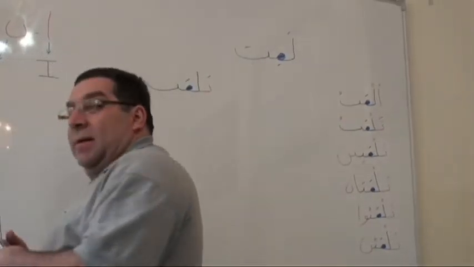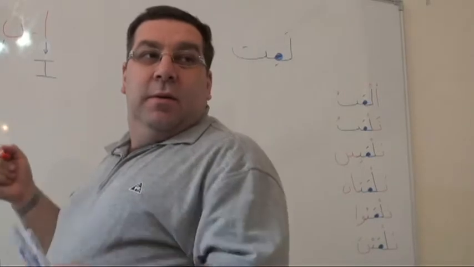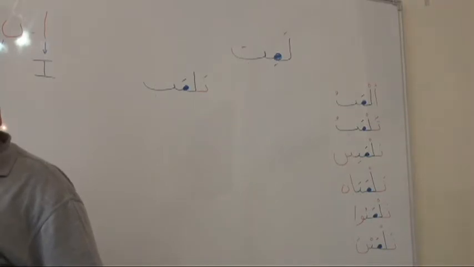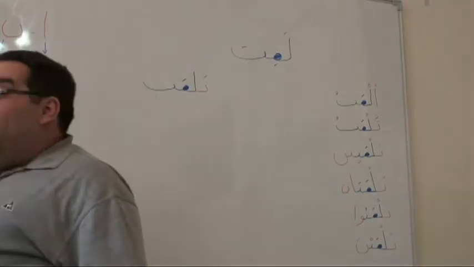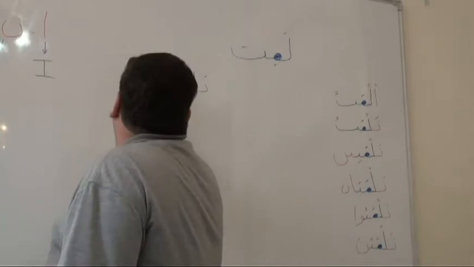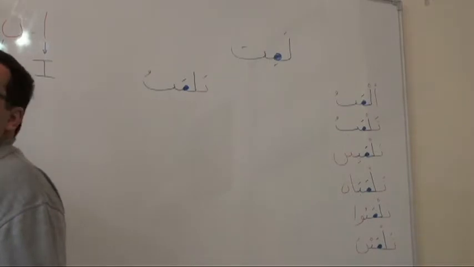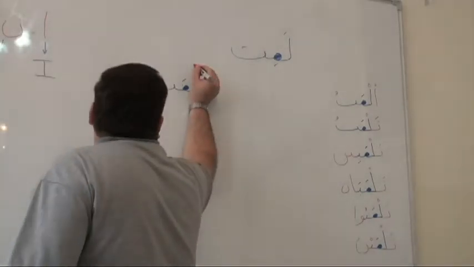Then what do we need? Marks. First, one by one. Here we need, what is this mark? Dhamma over the last letter. And here we need sukun over the first letter.